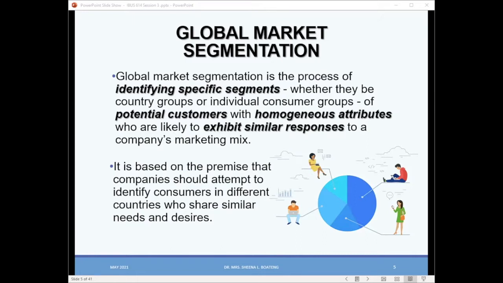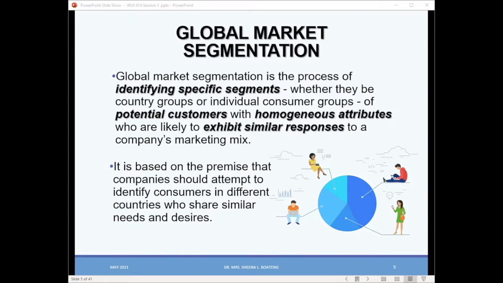So segmentation is important in the sense that resources are not unlimited. Firms always have limitations with regard to the resources that they have at their disposal. And the allocation of these resources by nature make it difficult for firms, particularly global marketing firms, to target every single customer in every single country or geographic region outside of the home country, right?